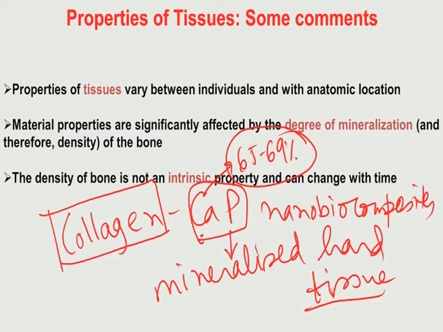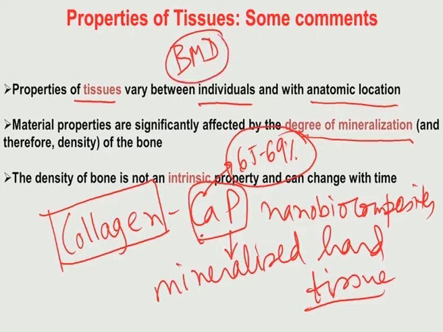Some of the things about the properties of the tissue: the properties of the tissues vary between individuals and also vary within the same human patient with anatomical location, and this is significantly affected by the degree of mineralization. That is something called BMD, bone mineralization density, which depends on the calcium phosphate or hydroxyapatite or non-stoichiometric hydroxyapatite content in the bone.